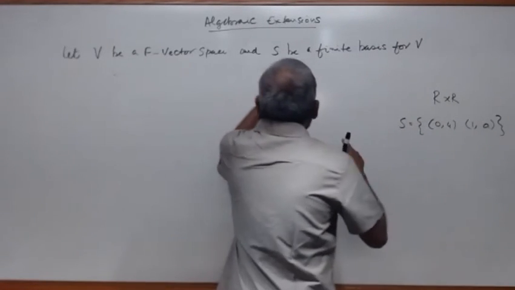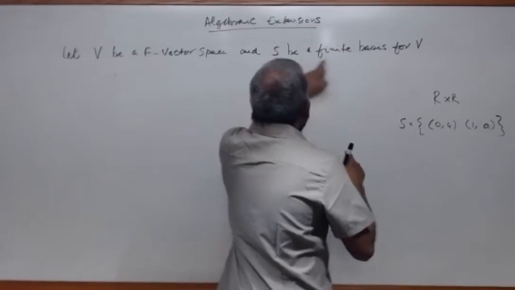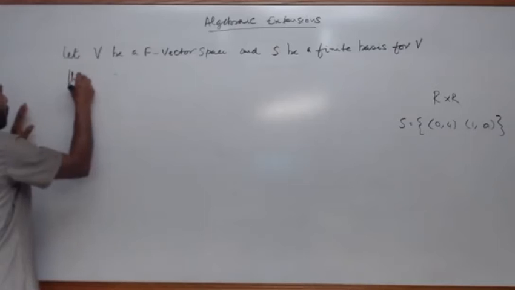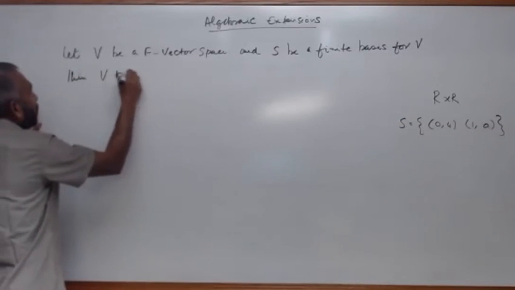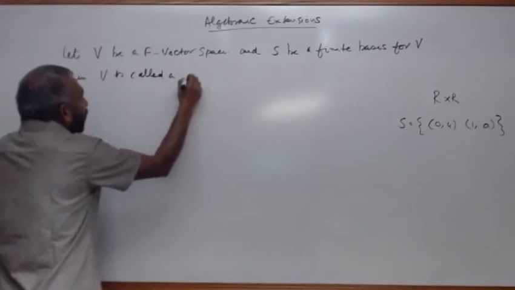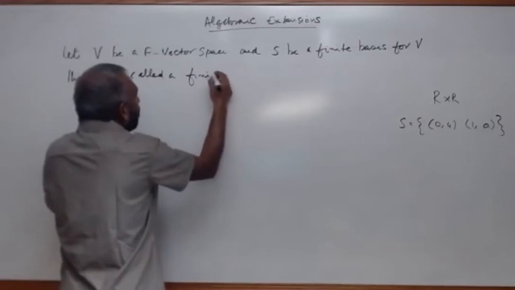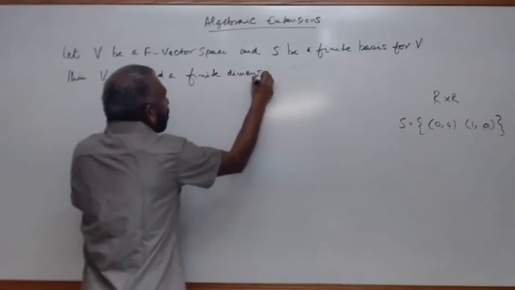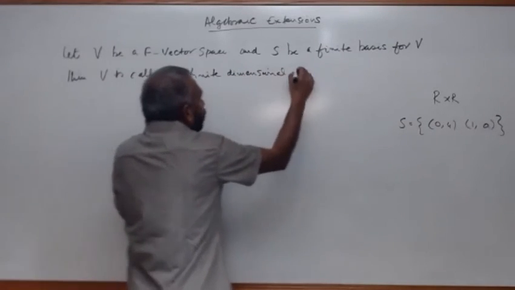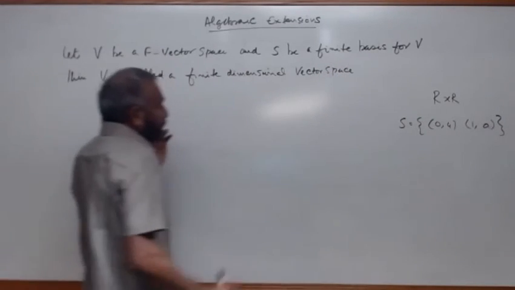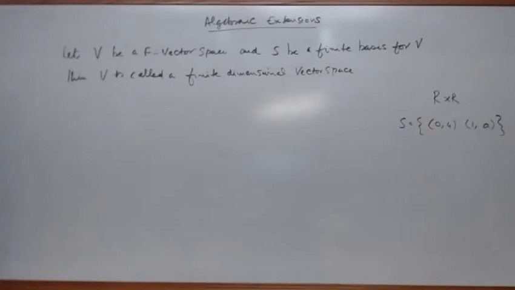So if S is a finite basis, then V is called a finite dimensional vector space.